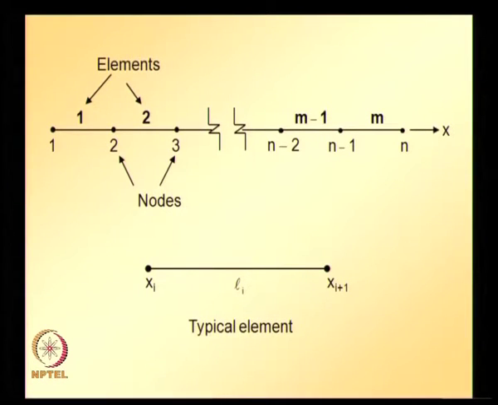So, here the problem domain 0 to 1 is divided into m number of elements, and each element is assumed to have 2 key points at the extreme ends of that particular element. So, each element has 2 nodes, and there are n number of nodes, m number of elements. We will decide the values of m and n later, and this is how the solution domain 0 to 1 is divided or discretized.